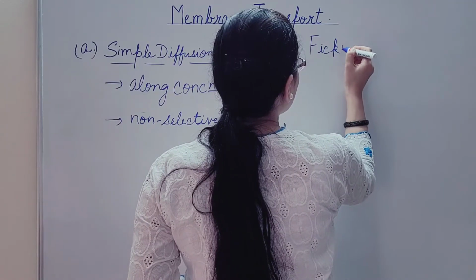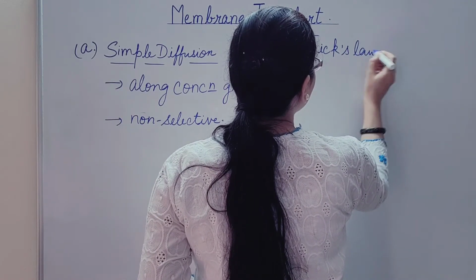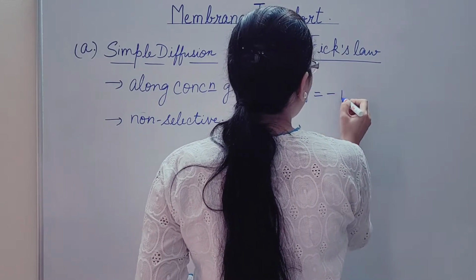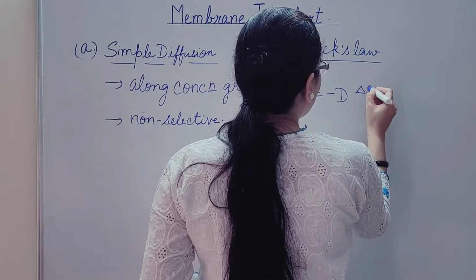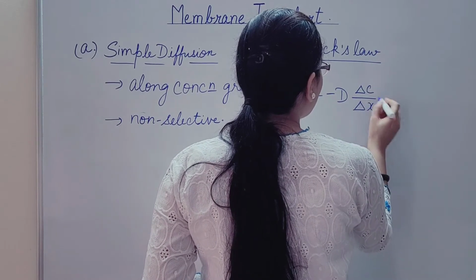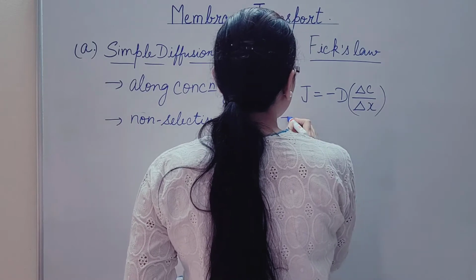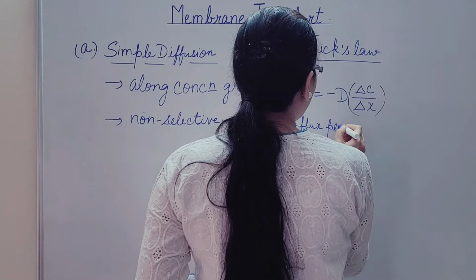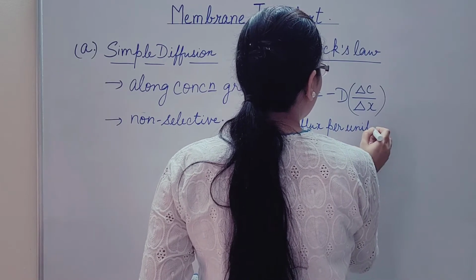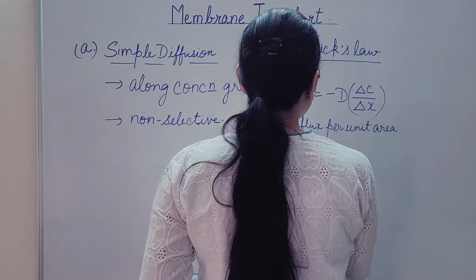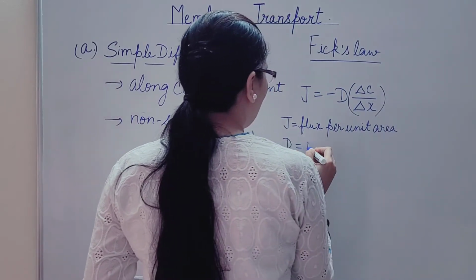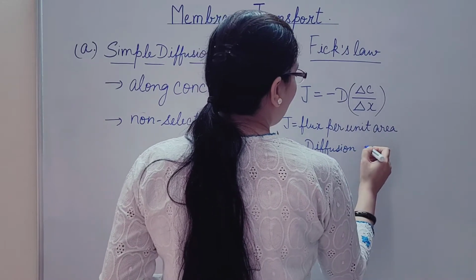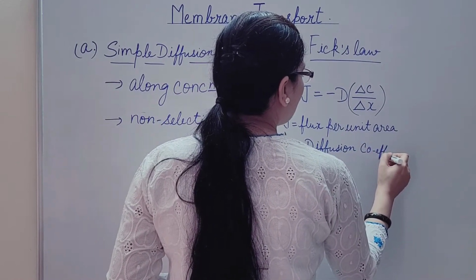The rate of simple diffusion is given by Fick's law. J equals minus D delta C by delta X. J is the flux per unit area. D is the diffusion coefficient.